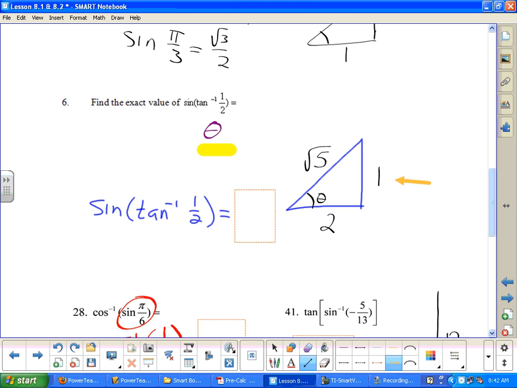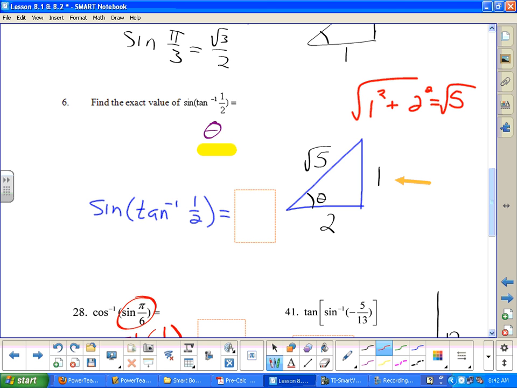Tangent's opposite over adjacent, so tangent would be 1 over 2. Use the Pythagorean theorem. 1 squared plus 2 squared equals 5. So the hypotenuse is the square root of 5.